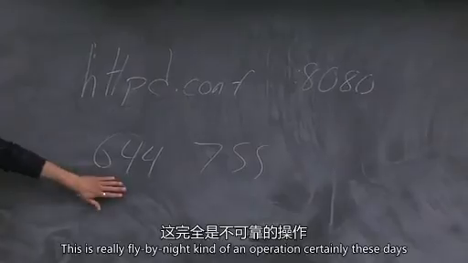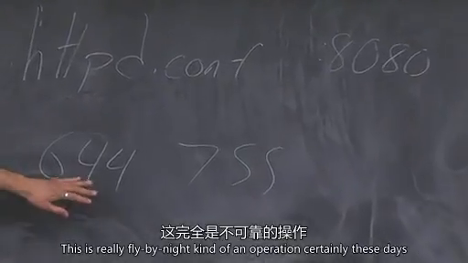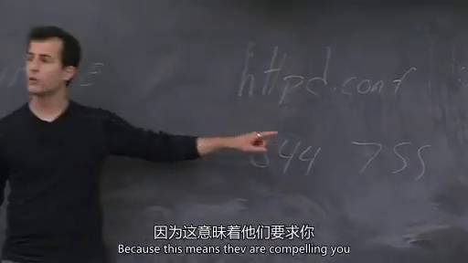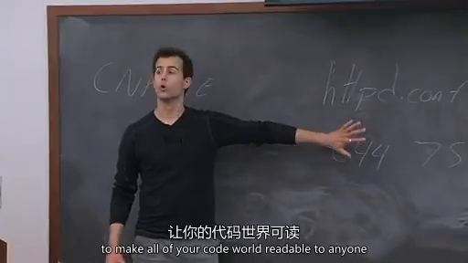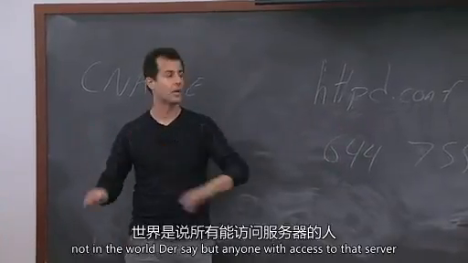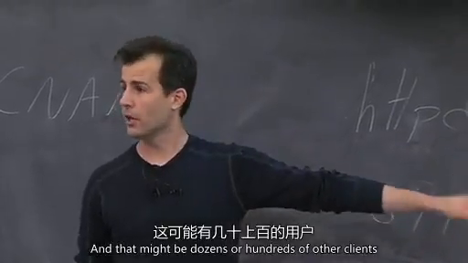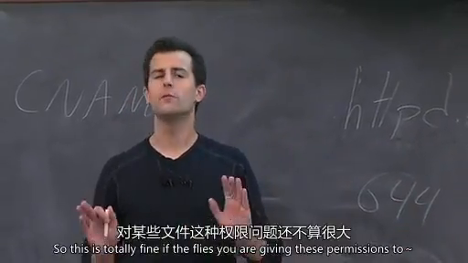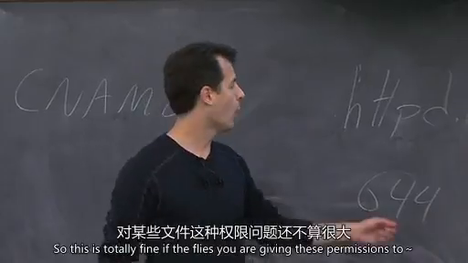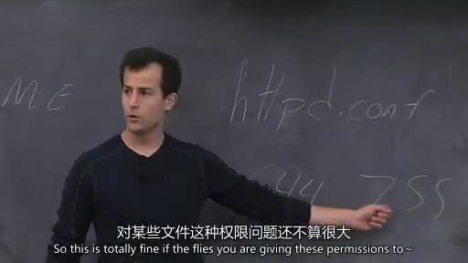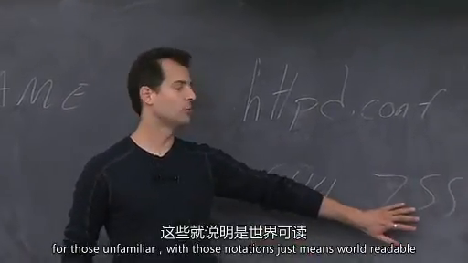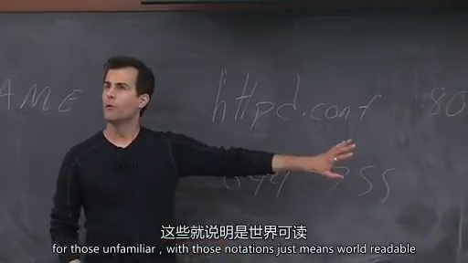This is really a fly-by-night kind of operation, certainly these days, because this means they are compelling you to make all of your code world readable to anyone, not in the world per se, but anyone with access to that server, and that might be dozens or hundreds of other clients. So this is totally fine if the files you are giving these permissions to, for those unfamiliar with the octal notation, just means world readable.